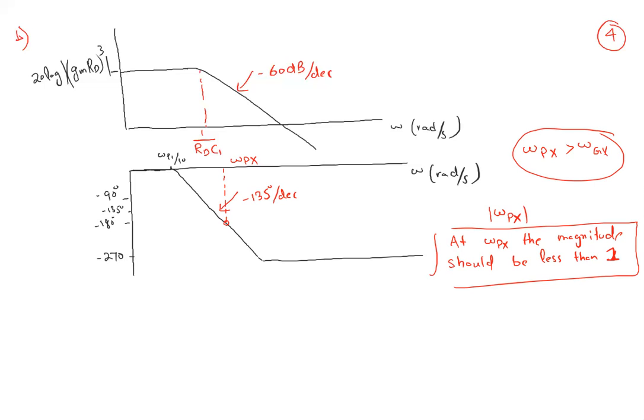At omega px, if I go here and determine this point, if we call this point P, the magnitude at this point, HP, should be less than 1. I'm talking about magnitude, I'm removing the log at this moment just for simplification. The magnitude at this point should be less than 1, and that is the condition for stability. Okay? Just make sure this point is clear to you.